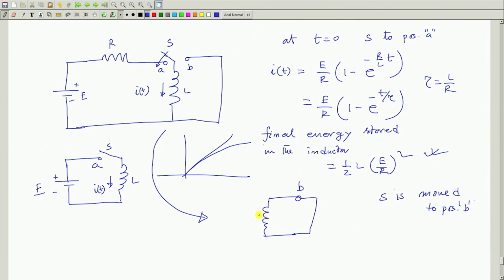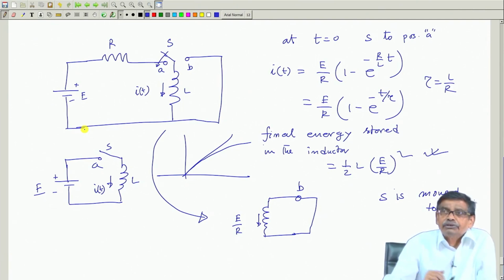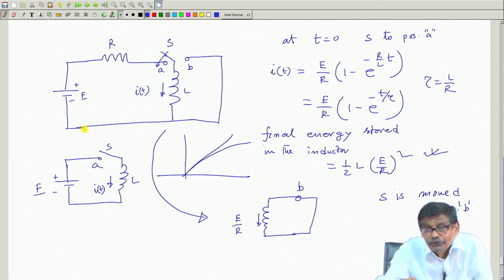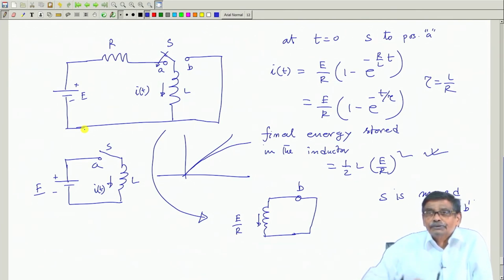And this current we have seen is equal to E by R when the next switching was done from A to B. So, I presume that you have waited sufficiently long so that the current has reached E by R, then you suddenly moved A to B. Then at whatever time you do that, current through the inductor is continuous, immediately after that current has to be E by R. Not only that, the applied voltage is 0 and that current has to remain constant at the E by R level.